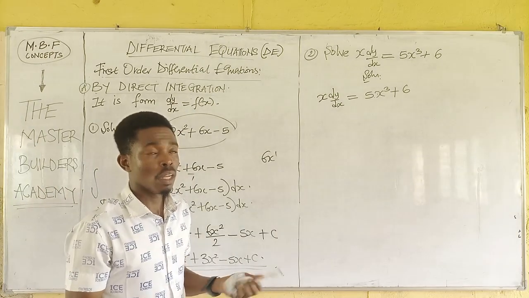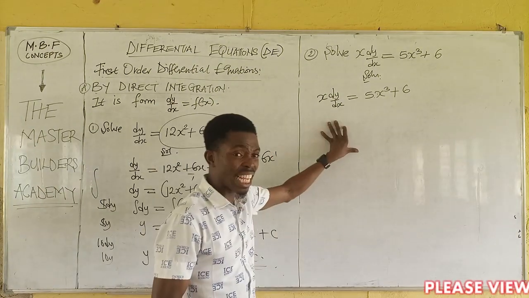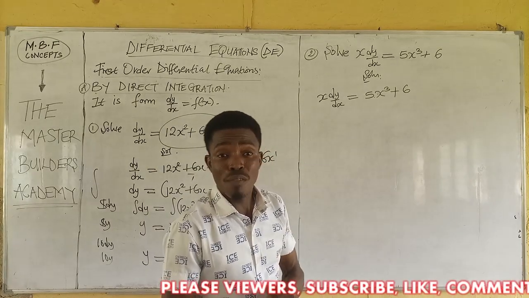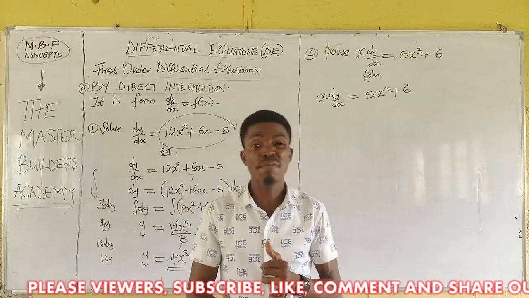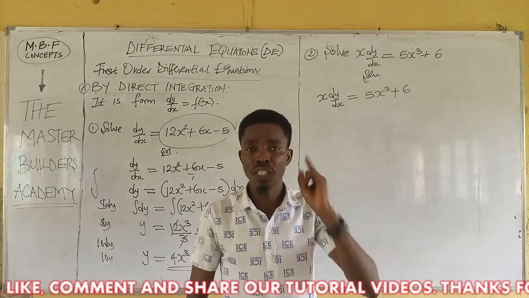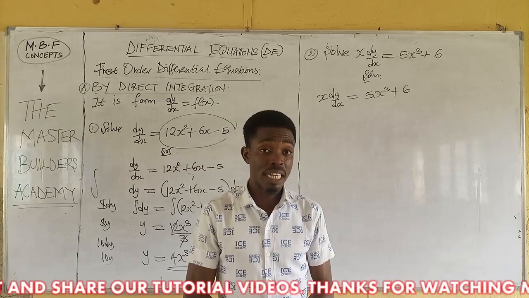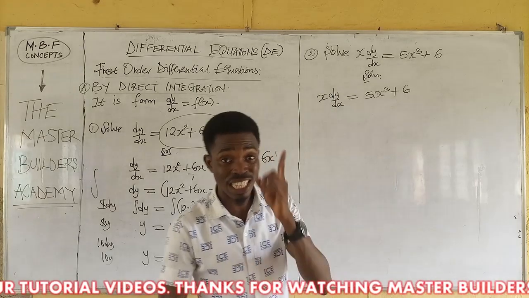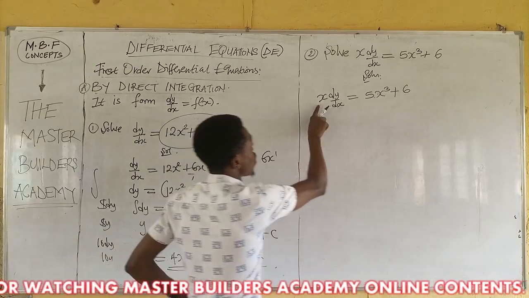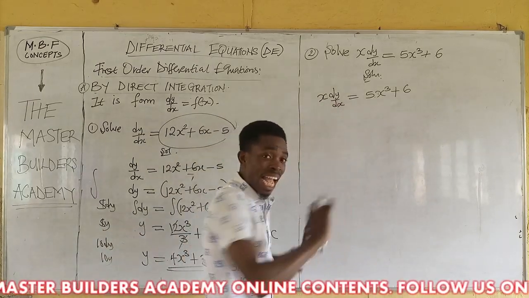Very simple. Now, the first thing you must do here is, at this point, listen carefully. We will see that the dy over dx has a coefficient. The first thing you must do is to remove the coefficient of dy over dx. Ensure that the coefficient of dy over dx is 1 before you can take any other steps. So what do we do here? We will first of all divide both sides by x.